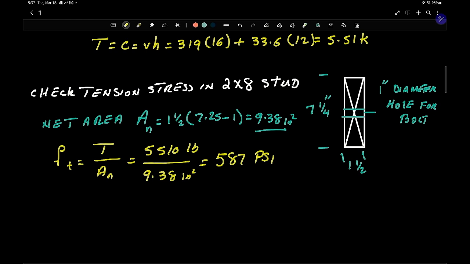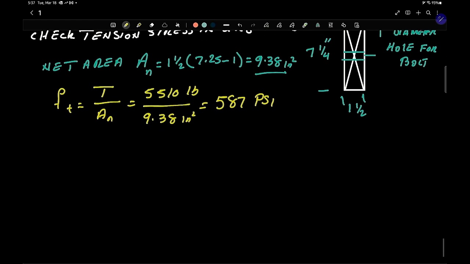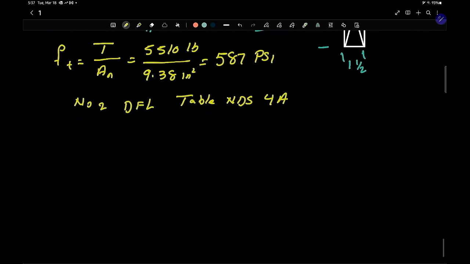Now we gotta go to NDS. Assuming the wood is number 2 DFL, and go to table 4A, which we've done many times. We're gonna get these results below.